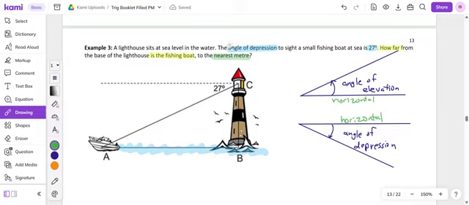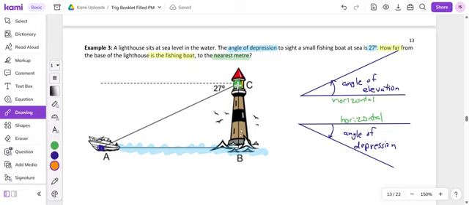So what it's saying is the angle of depression to sight a small fishing boat is 27 degrees. So that means someone is inside this lighthouse, right in this window. Okay, this green dot. And they are looking and they see, oh, there's a fishing boat. Right here, there's a fishing boat.